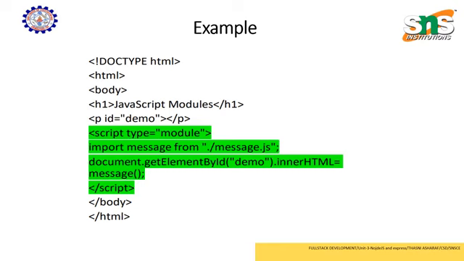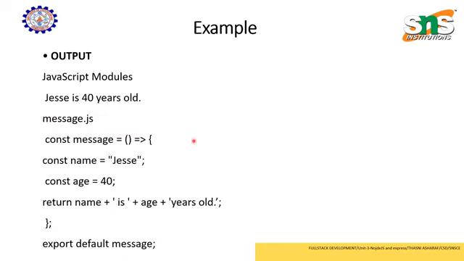And the main output will be: my title is JavaScript Module, and then "Jesse is 40 years old." This is a message that is already stored in the JavaScript file, which is a constant message.